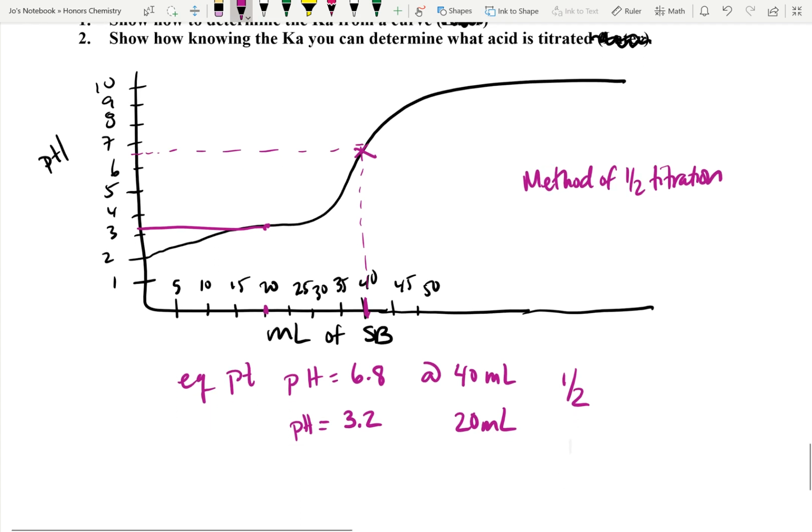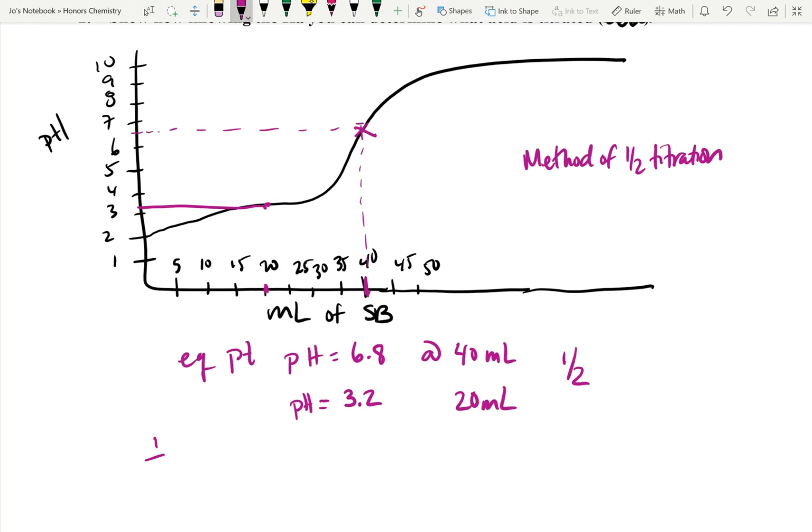Well, there's something really interesting that happens. At half the equivalence point, the pH equals the pKa. Now, if you recall earlier, p means a negative log. So in this example, we're saying the pH equals the pKa, which equals 3.2.